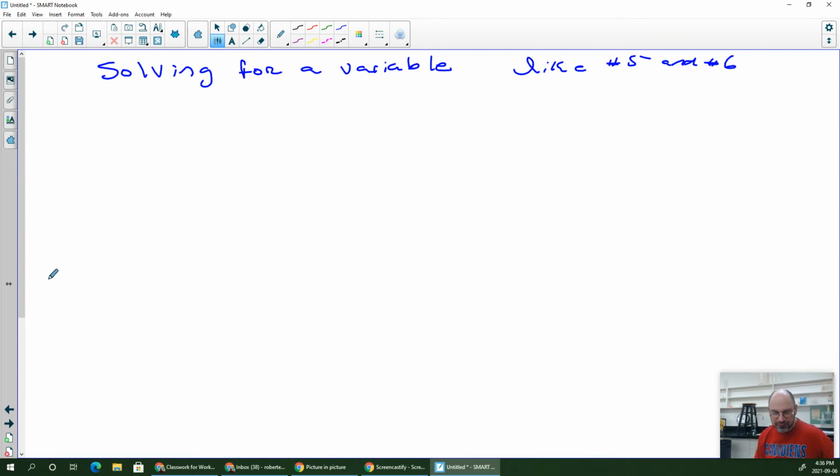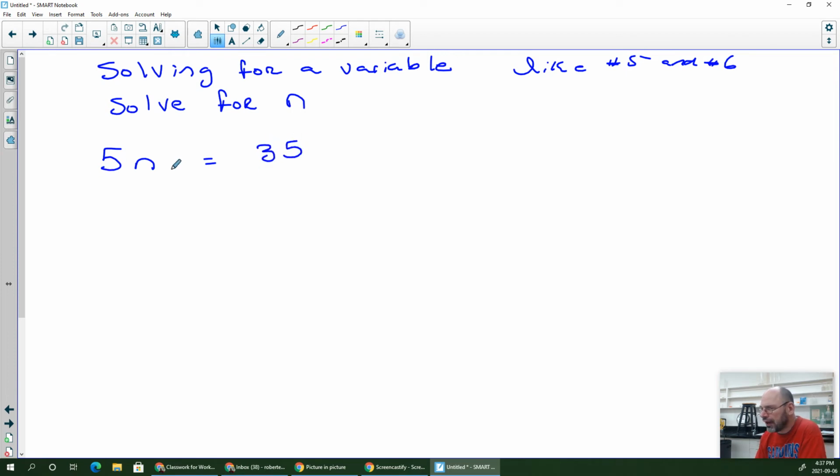Okay, so the first one is the easiest one. So if you have something like solve for n, okay, and so let's say we have 5n equals whatever, let's say 35.